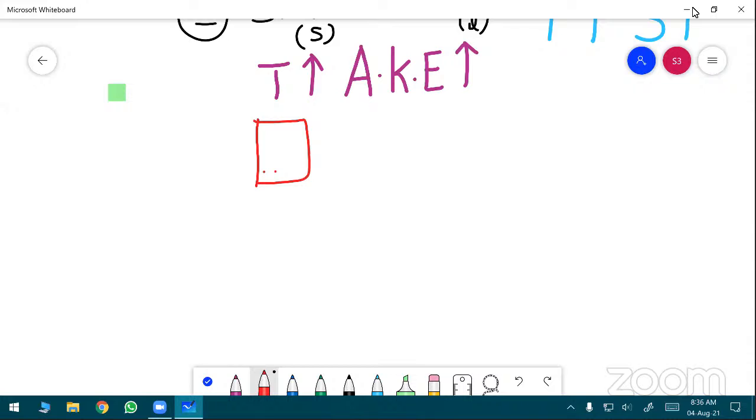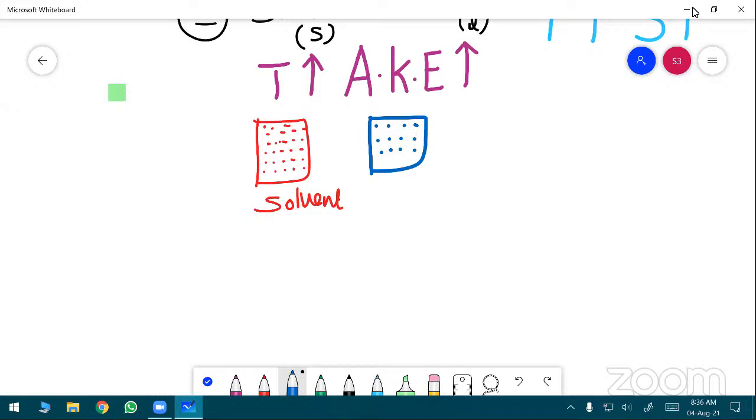is a solvent molecule, they are binding like this. Likewise, if you imagine this is a solute particle, there will be some force of attraction.